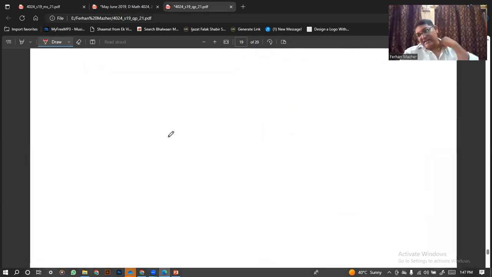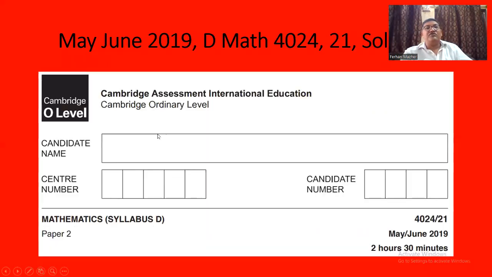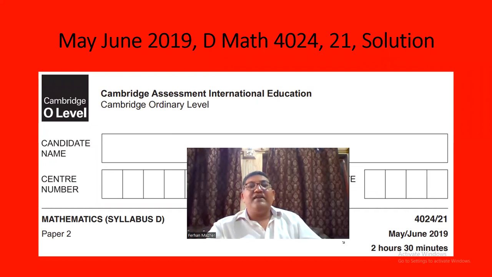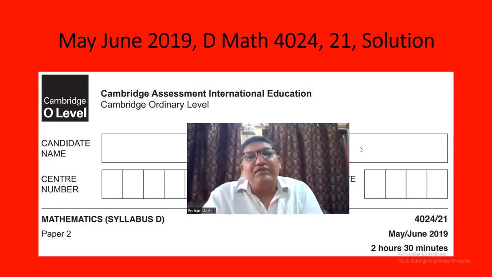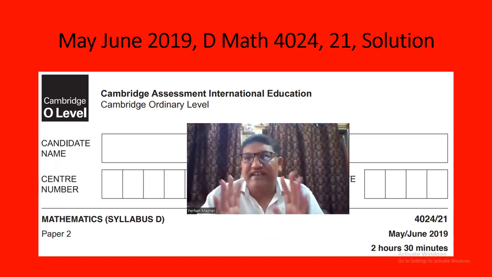And you can see this paper is finished. So this paper has been completed. So my dear students, today in this video, we have done the May-June 2019 paper 2-1. There were 11 questions, and we have done all the questions in this video.